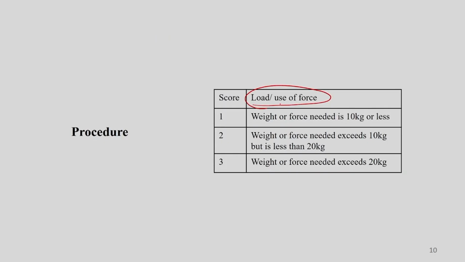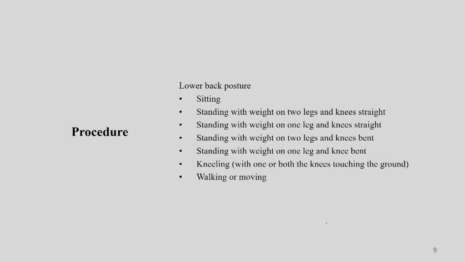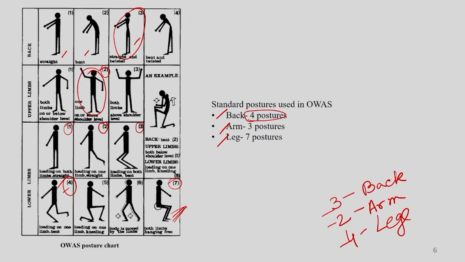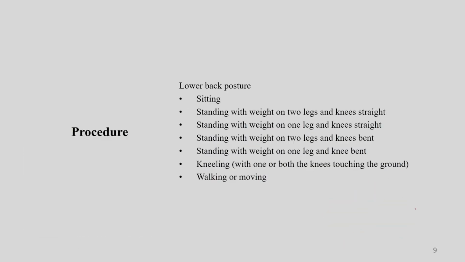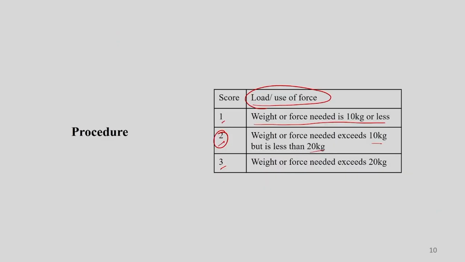For this whole posture, if you have a weight or force needed which is 10 kg or less, then it is 1. If it is between 10 kg to 20 kg, it is 2, and if it is more than 20 kg, then it is 3. So now suppose for your case it is 2. So you have a postural score of 3, 2, 4 and load or use of force is 2.